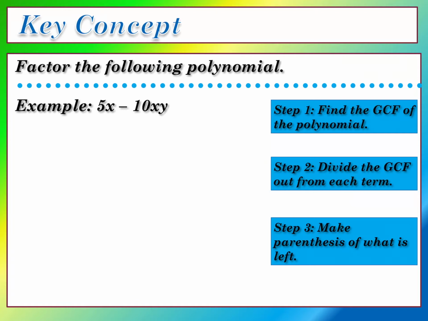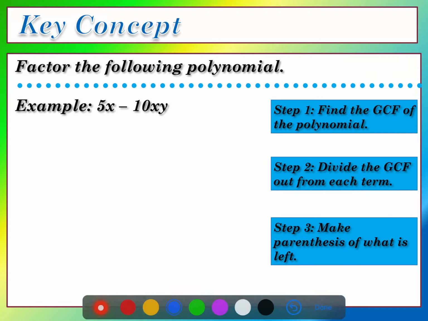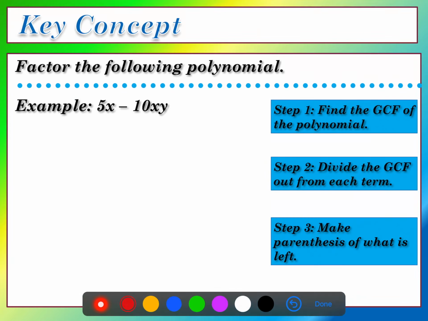Okay, so the GCF for 5x and 10xy would be 5x. So it says that we now divide this out from each term. So first write down my GCF, and I need a distribution problem, so I know I'm going to use parentheses.